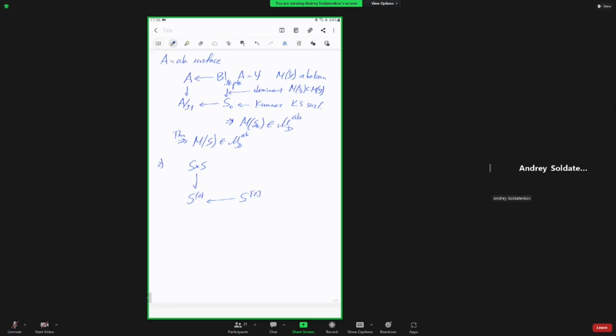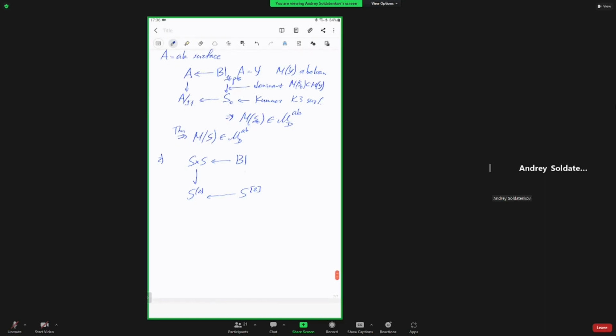You get this Hilbert scheme of 2 points, or you can first blow up S times S along the diagonal and then take the quotient. Now from the first example, we know that the motif of S times S is abelian because this property is preserved under taking products. Taking products of varieties corresponds to taking tensor products of their motifs.